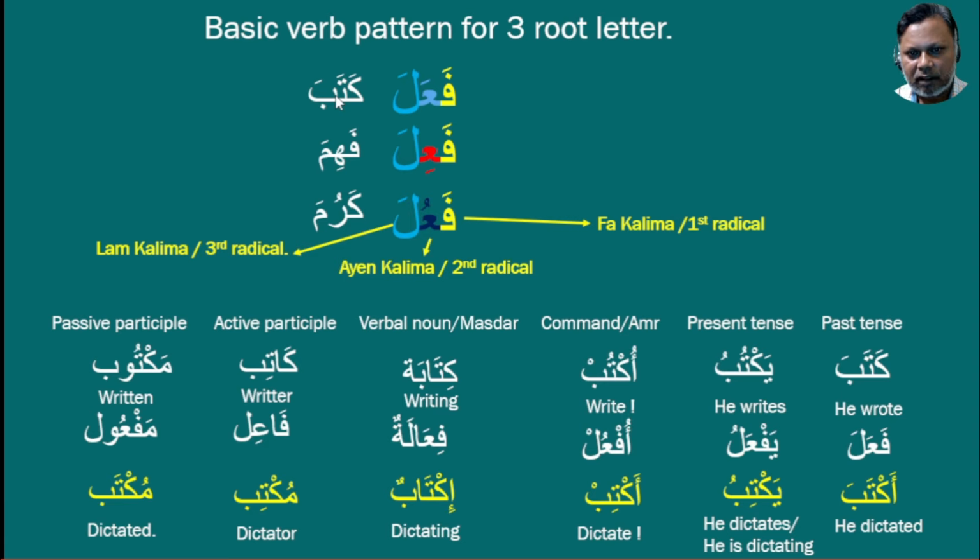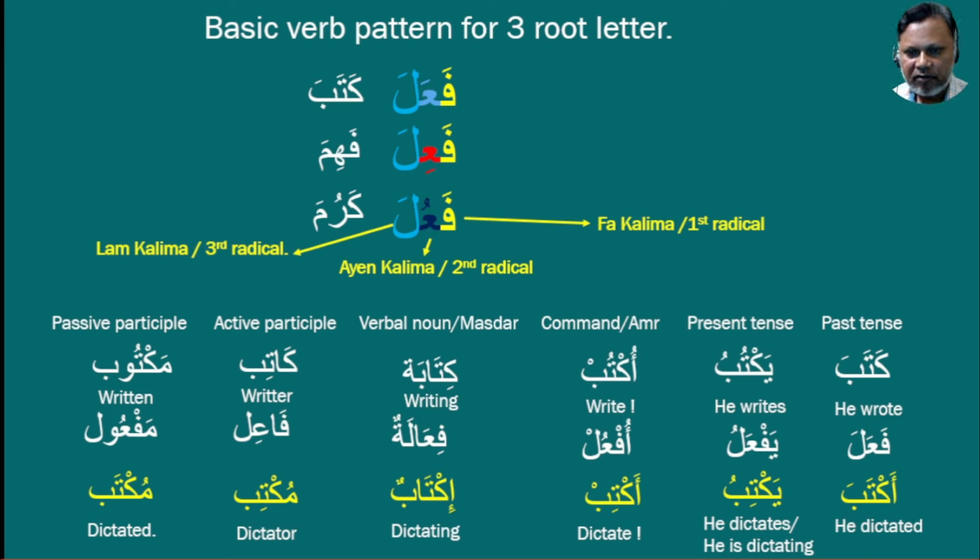Like kataba is under fa'ala, fahima is under fa'ila, and karuma under fa'ula. In this pattern, the first letter is called fa kalima or first radical, the second is called ain kalima or second radical, and the third is called lam kalima or third radical. This is the convention for declaring the three roots of this pattern.